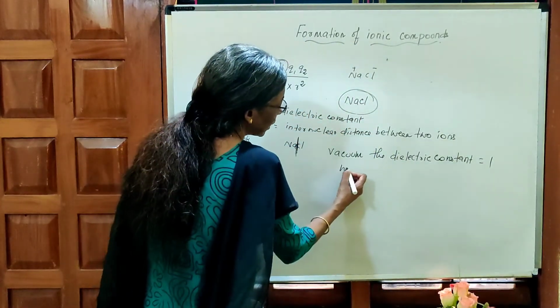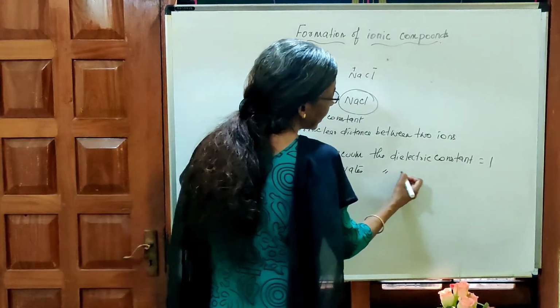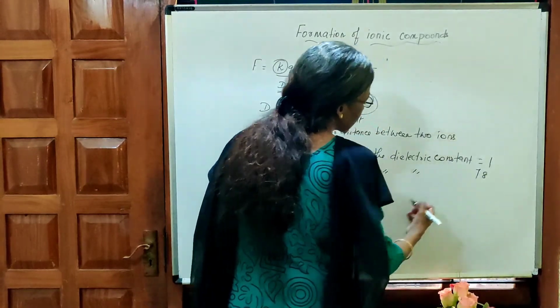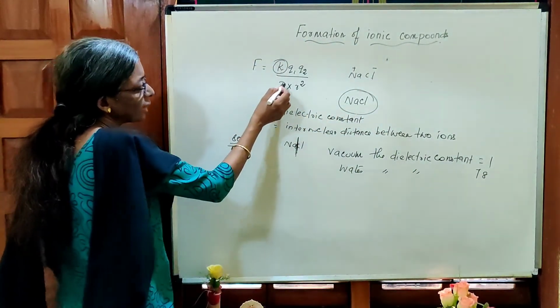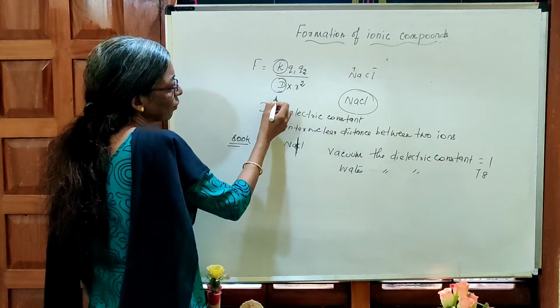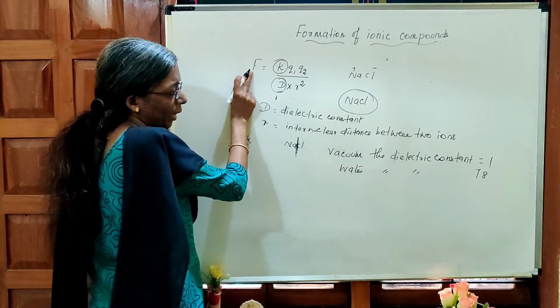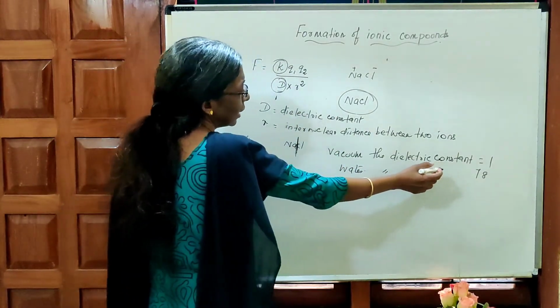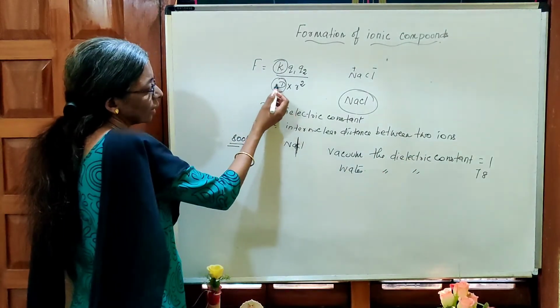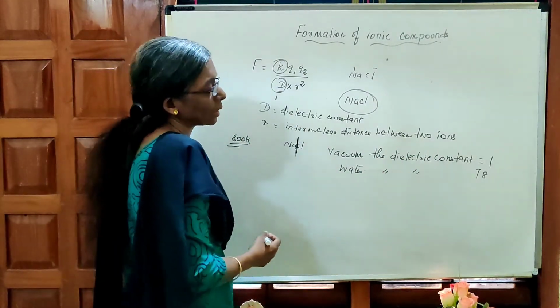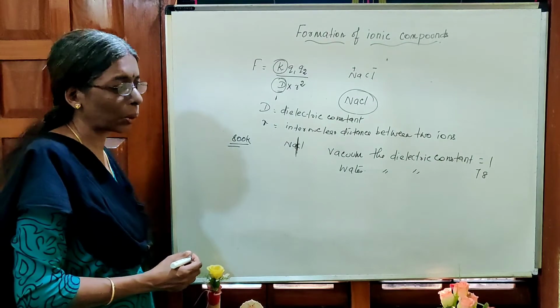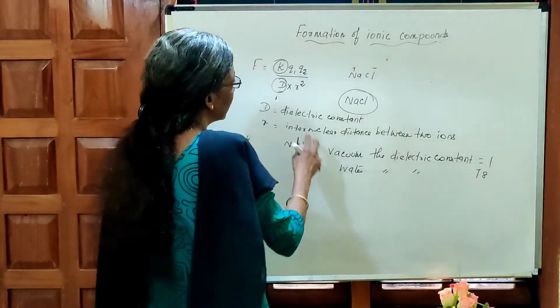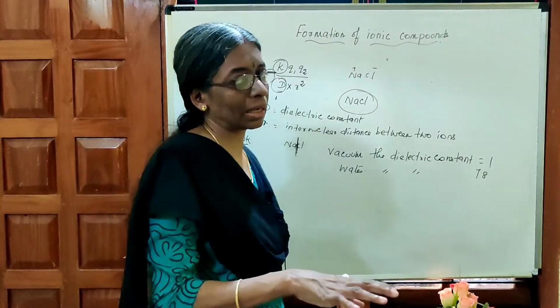For water, the dielectric constant is 78. When it is 1, the force is very, very strong. If you put it in water, the force of attraction decreases by a factor of 78. As a result, the ions separate very easily.